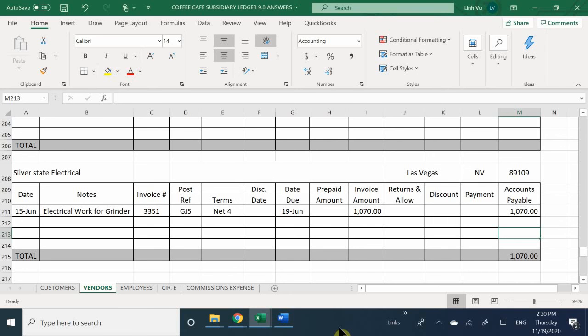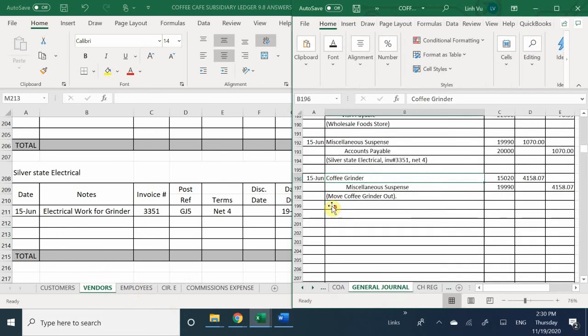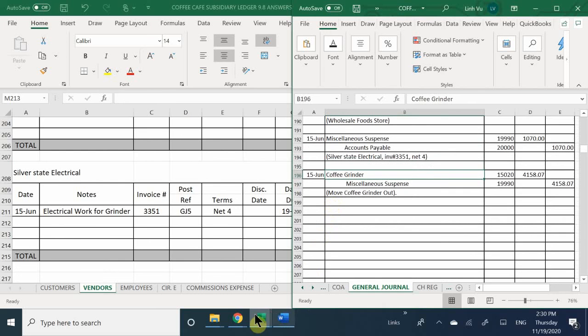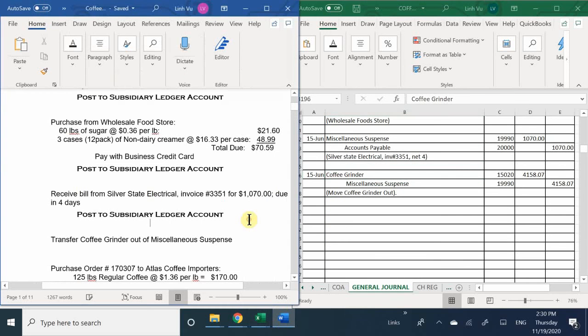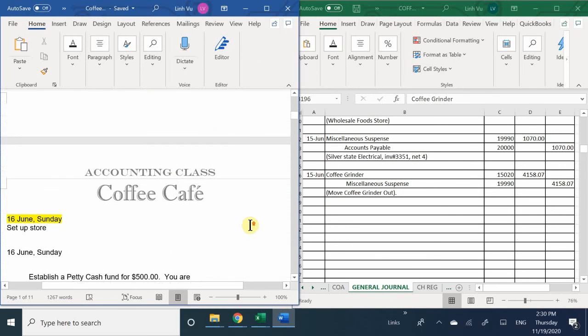Are we dealing with anybody when moving from one account to another? No. So we don't need a subsidiary ledger, because those are for people. So this was pretty much an internal transaction. Then that one's done.